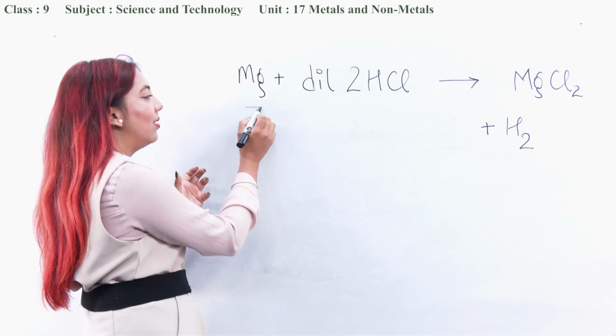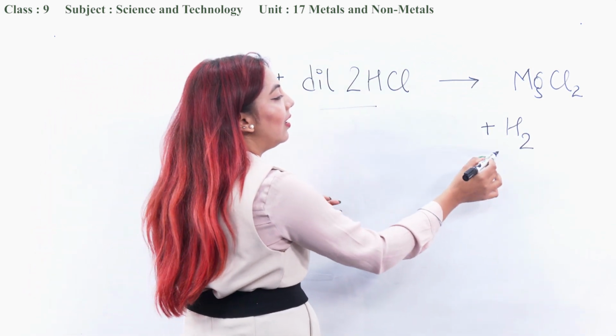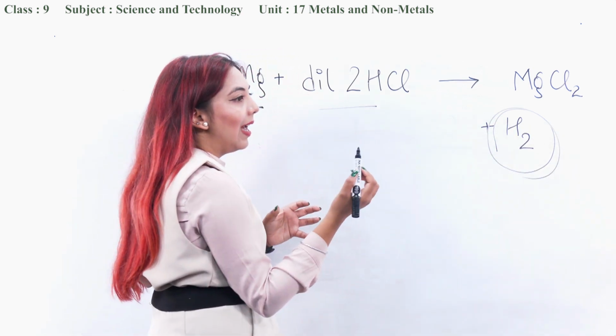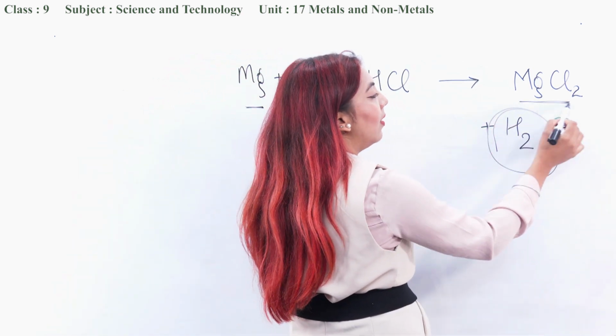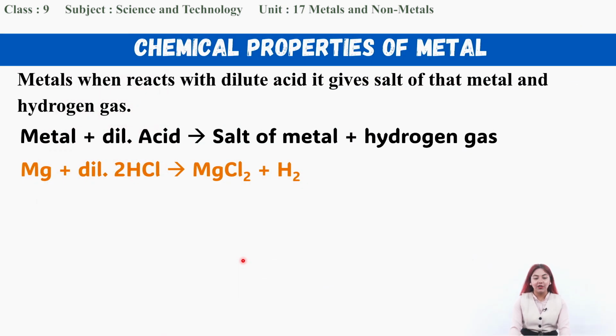That is, when metal reacts with dilute acid, it gives us hydrogen gas and also forms a metallic salt. This is the reaction which you studied. When magnesium reacts with dilute acid, it displaces the hydrogen that is present in the acid and forms the salt of that metal, that is MgCl2 in this case, and it liberates hydrogen gas.